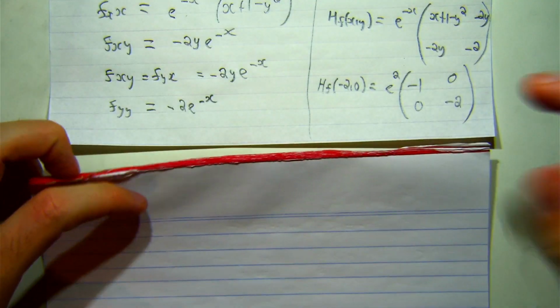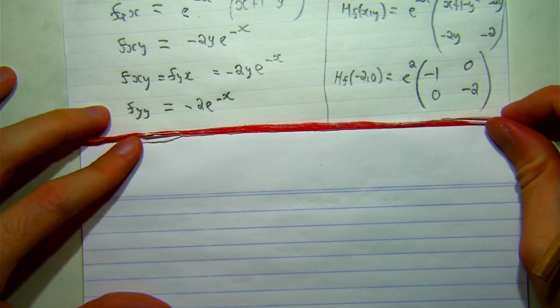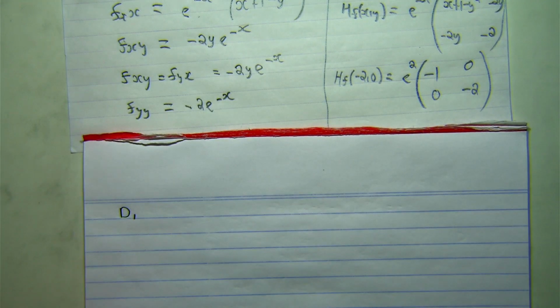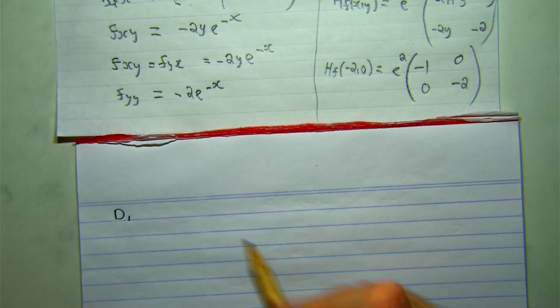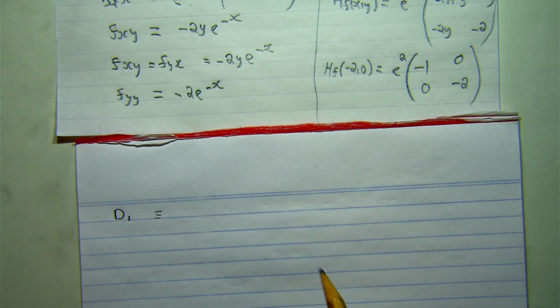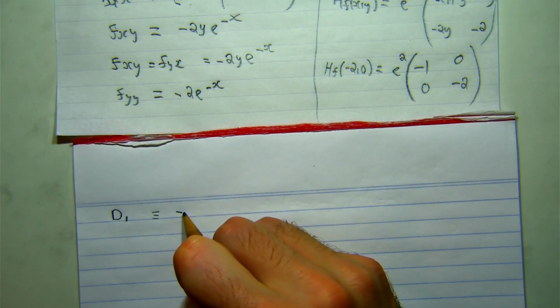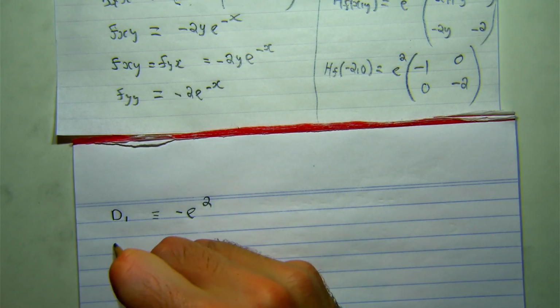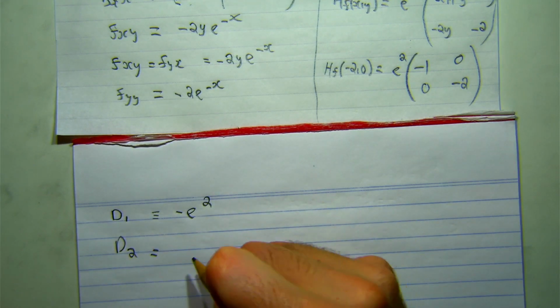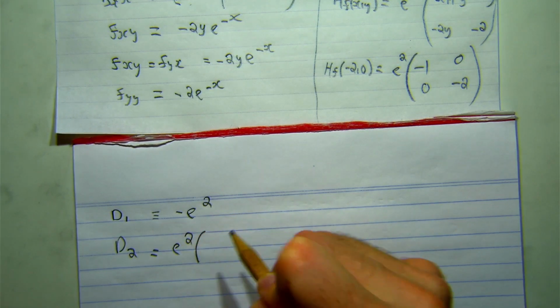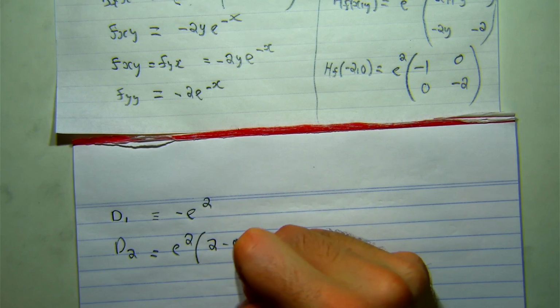The last thing we need to do is determine its definiteness. So to do that, we want to have an analysis of the leading principal minors. So d1 is equal to minus e to the 2, and d2 is equal to e to the 2 multiplied by 2 minus 0.